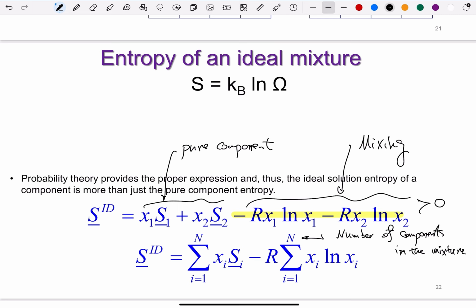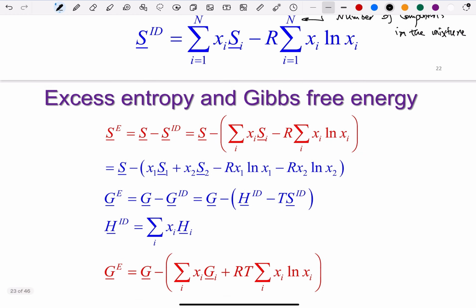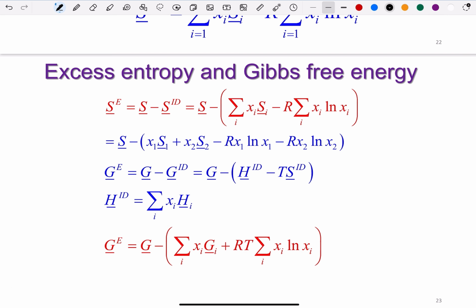When you are considering an excess property, you are considering the difference between the real mixture and ideal mixture. So, in case of excess entropy, I'm going to write it as S minus S ideal. I don't know what S is, so it can be anything. It's a real mixture. I don't have information about it. But I know what S ideal is. So that is basically in the parentheses here.